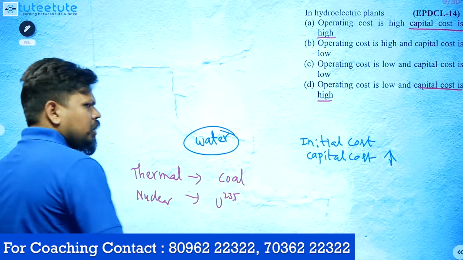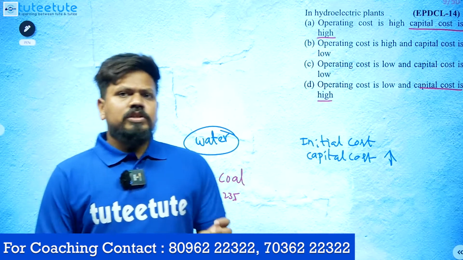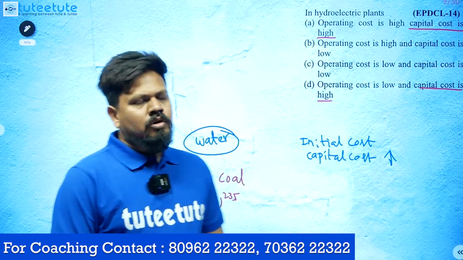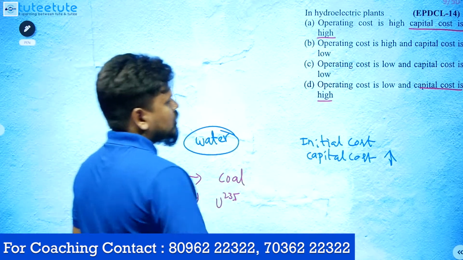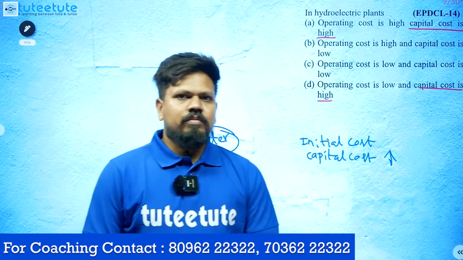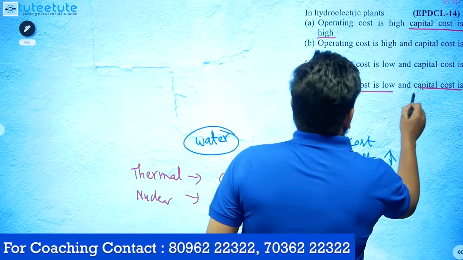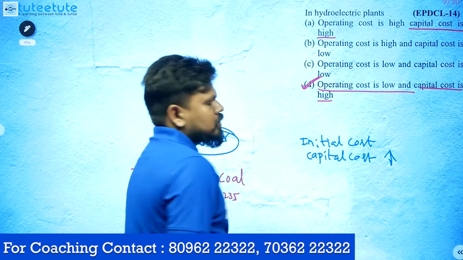For any of the other power stations, there will definitely be some operational cost and some input cost. But for the hydroelectric power station, operating cost is very low because we are not spending much on the input. That's why operating cost is low and capital cost is high. So this is the answer.